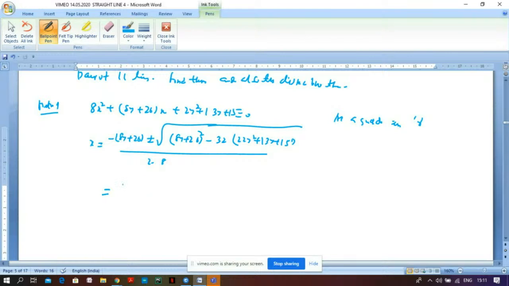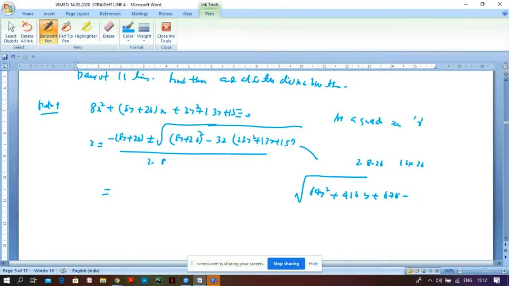So now let's play with this one, the square root of (8y plus 26) squared. I can write simply 64y squared plus 2 into 8 into 26, that is 16 times 26. That gives you 416. So 416y, and then 26 squared, that is 676, and negative of 32 into this is 2y squared.